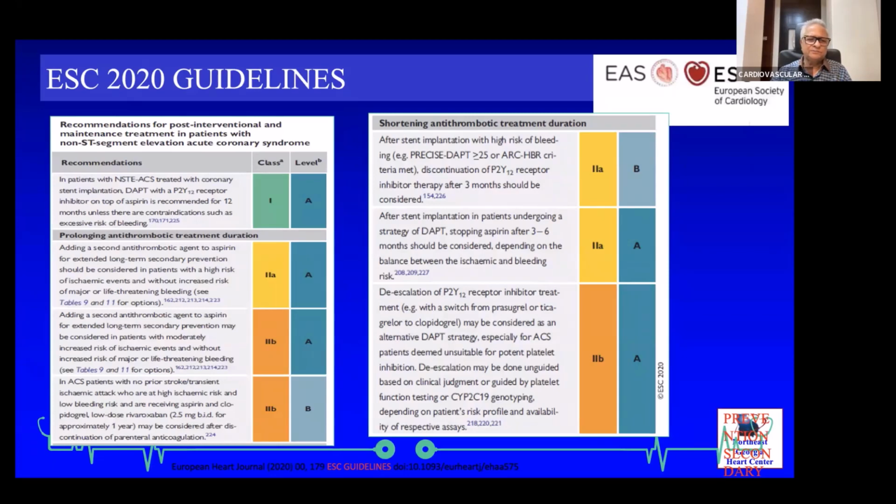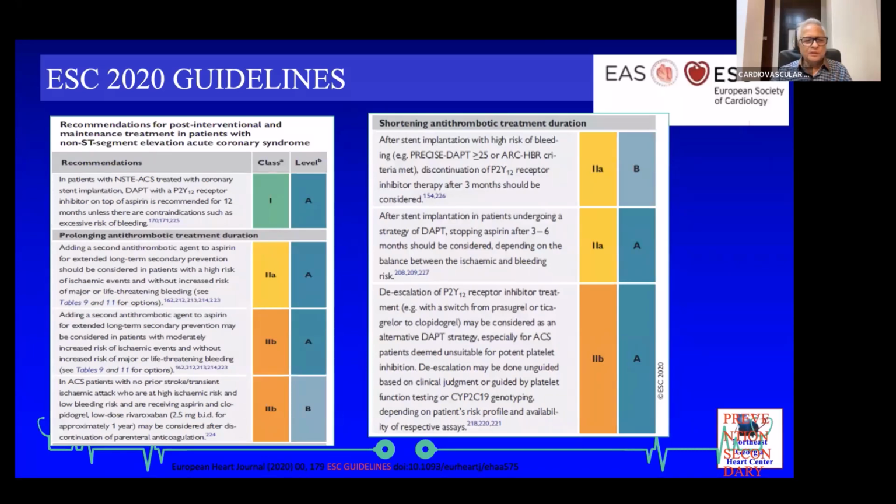Now coming to antithrombotic drugs, let's see what the guideline says. Secondary prevention. Suppose you have a patient who has had ACS and is on DAPT; you continue for 12 months if there is no contraindication or risk of excess bleeding.